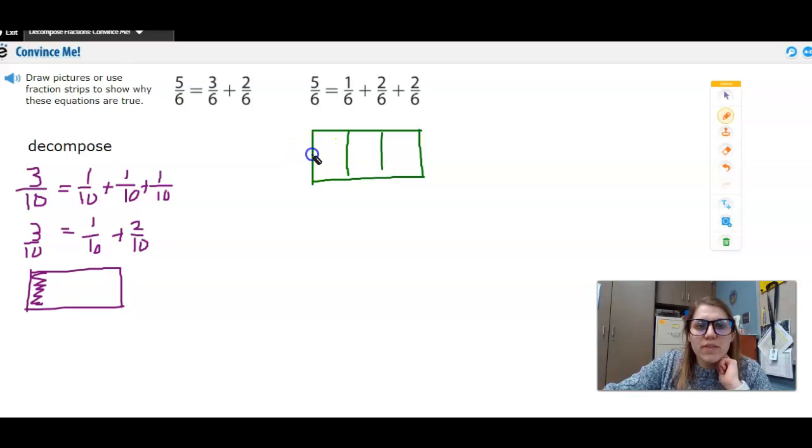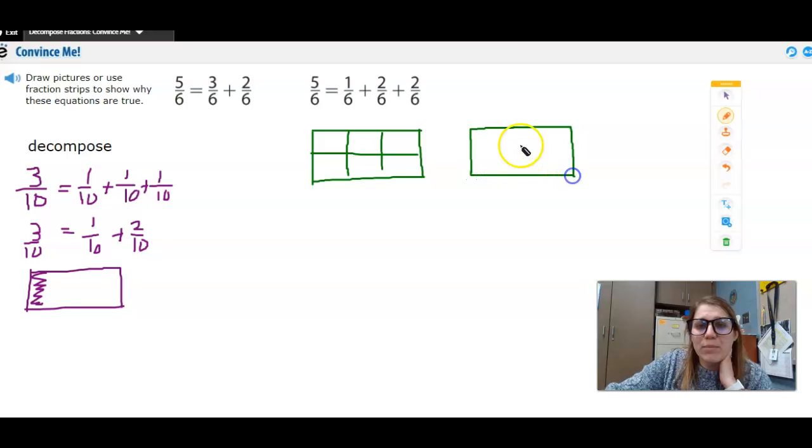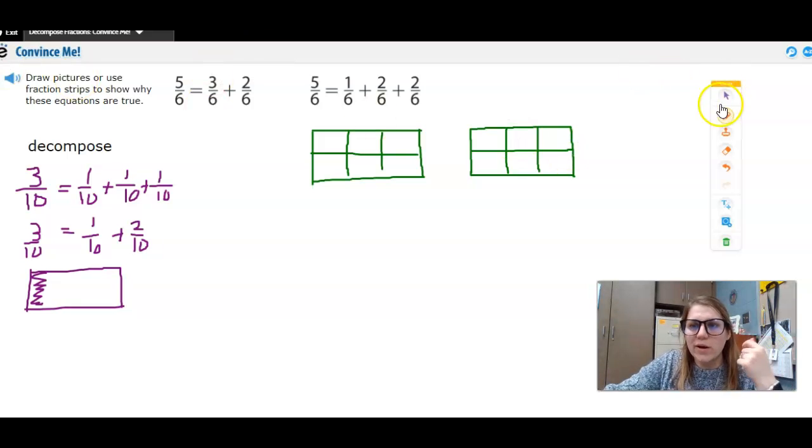And then I'm just going to split that in half, just like that, okay? Now, when I'm comparing two separate ones, I got to try to do 2 rectangles that are the same size. I'll do a good eyeball here of trying to get that as equal as I can. If you think about the pizzas that we've learned about so much, I can't compare a small pizza to a large pizza. It doesn't work.